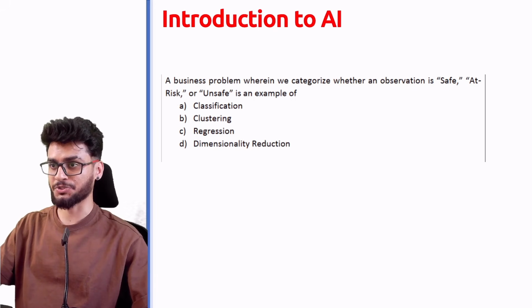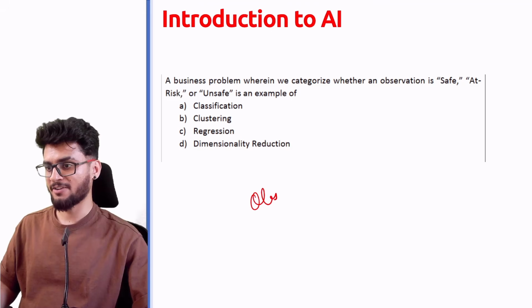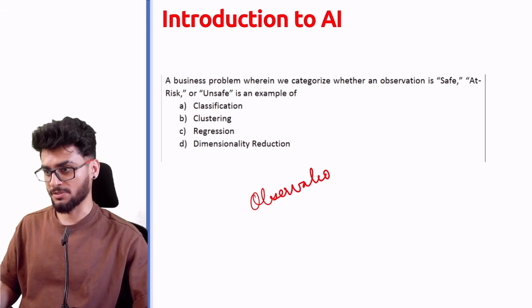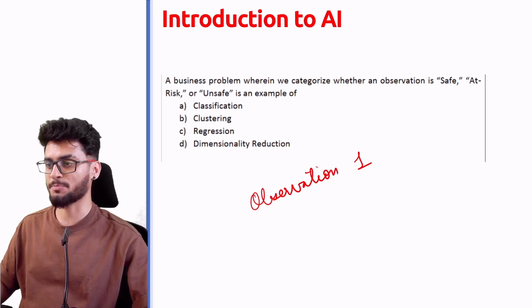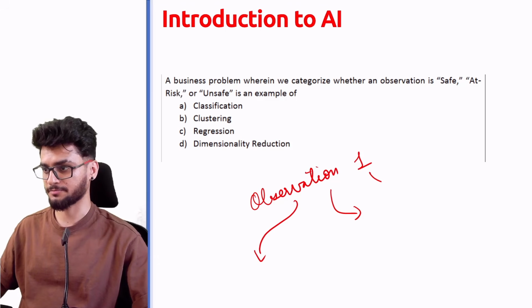Looking at the next question, a business problem wherein we categorize whether an observation is safe, at risk, or unsafe. So let's say we have lots of observations, or maybe let's just say we have observation 1. Now we have to divide it into one of these three.